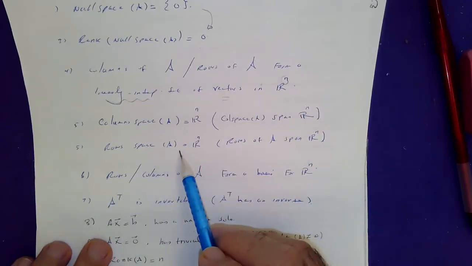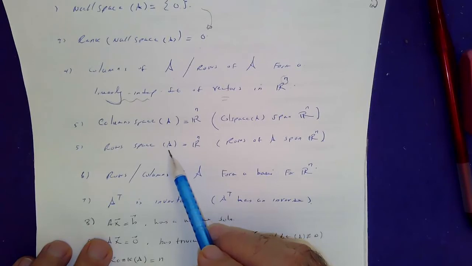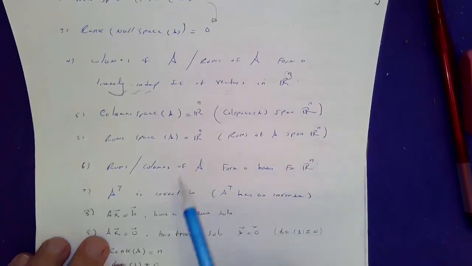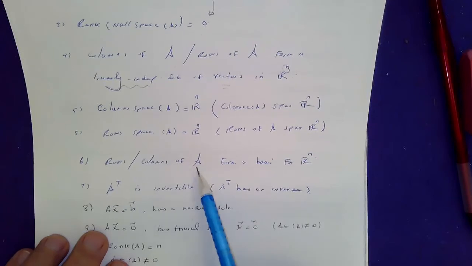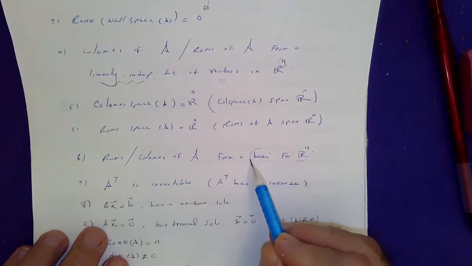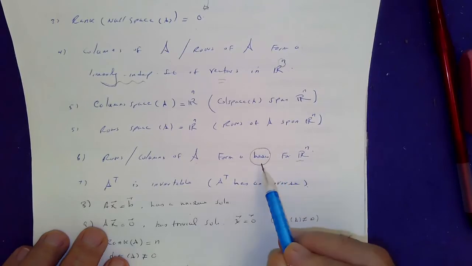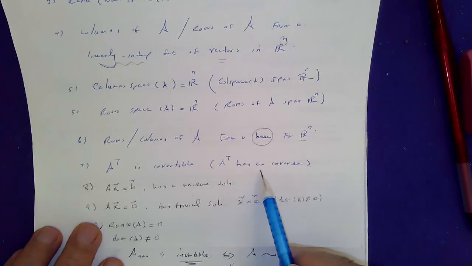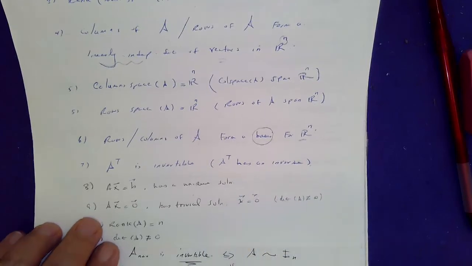The row space of matrix A, rows of A, spans Rn. Rows and columns of A form a basis for Rn. Stay tuned for a few more sections so we can talk about basis. A transpose is invertible, that means A transpose has an inverse.